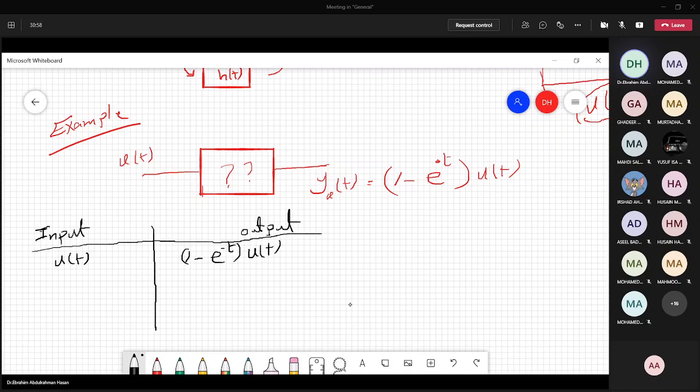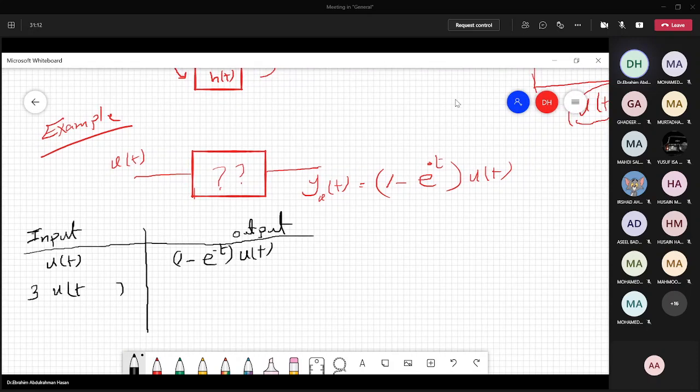So when the input is equal to u of t, then here we'll get 1 minus e to the power of minus t, u of t. What is the output when the input is equal to 3u of t? Well, you don't need to go to the circuit and resolve it again, because we just scale the input. It's enough that you have this solution.